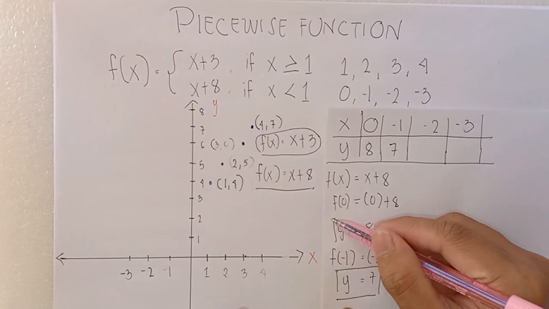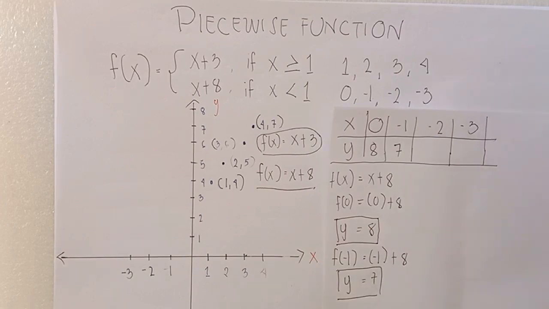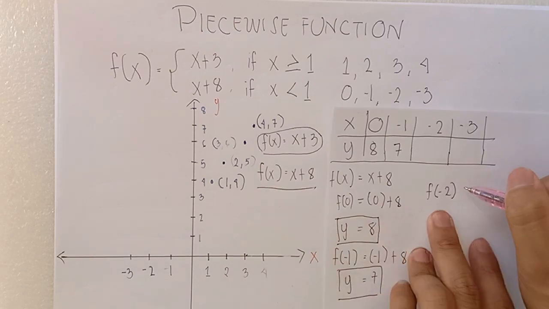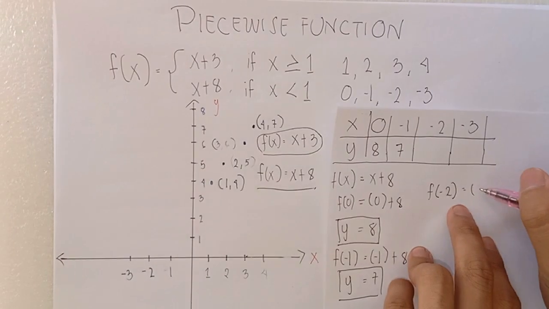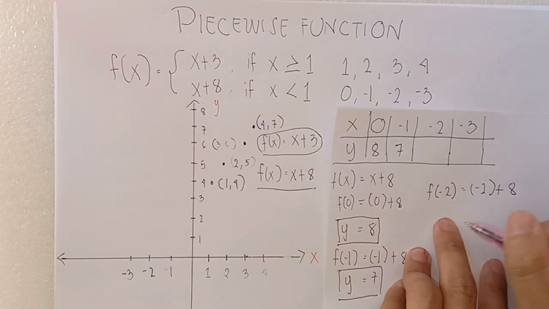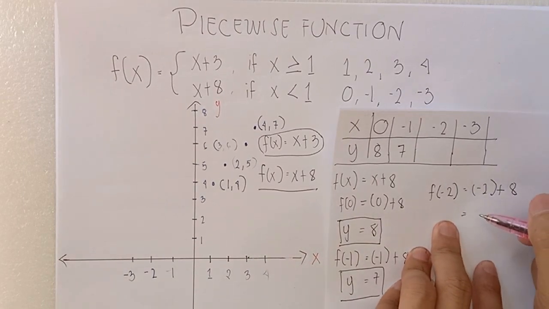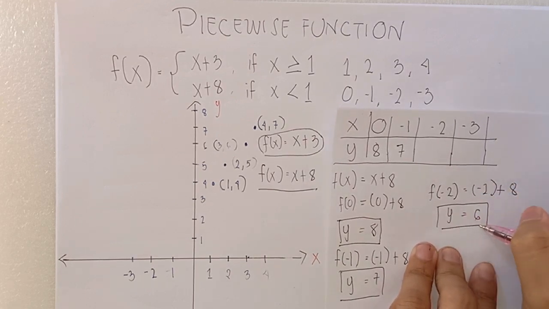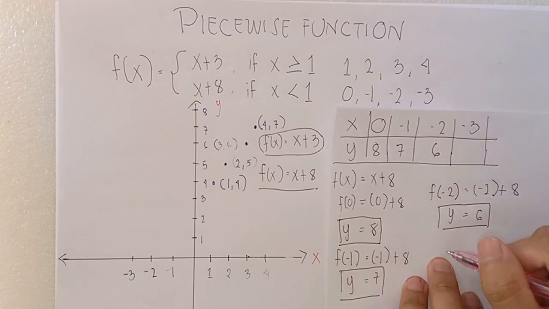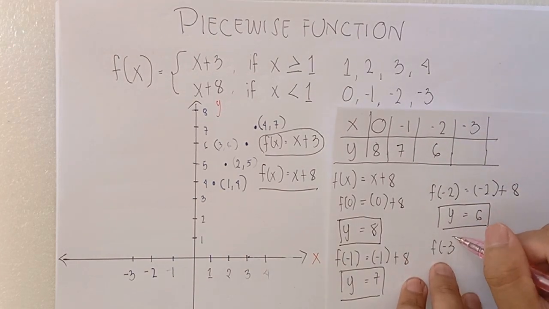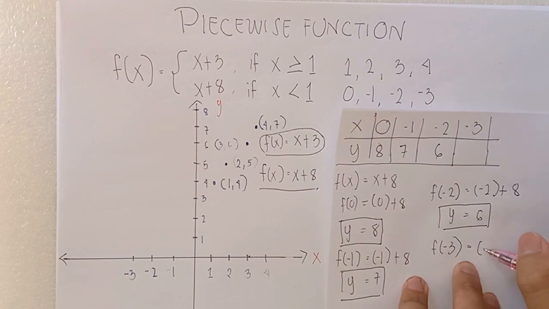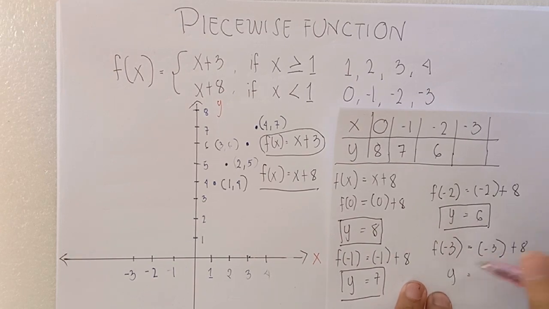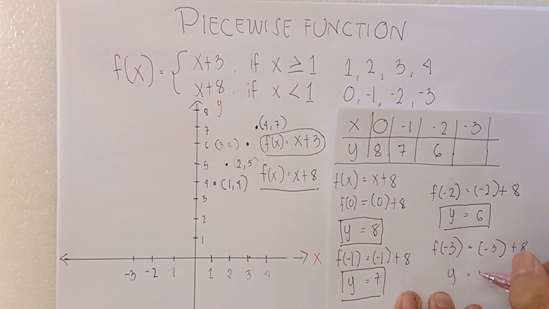For f of negative 2, negative 2 plus 8 is 6. So y for negative 2 is 6. And lastly, negative 3 plus 8 is 5.